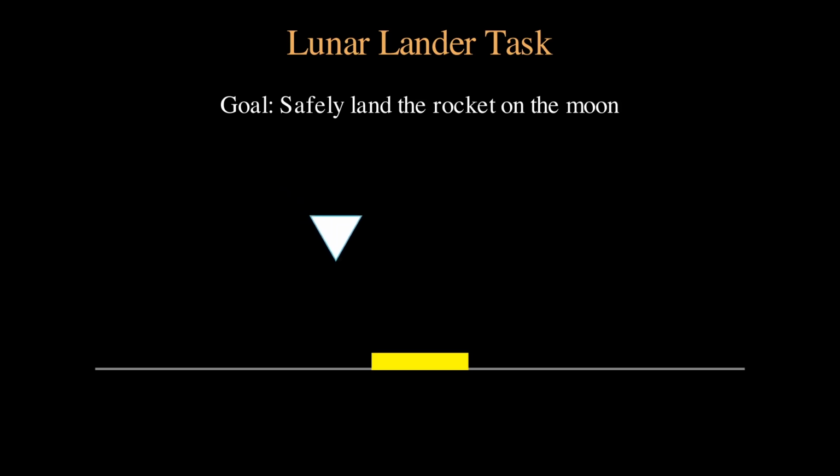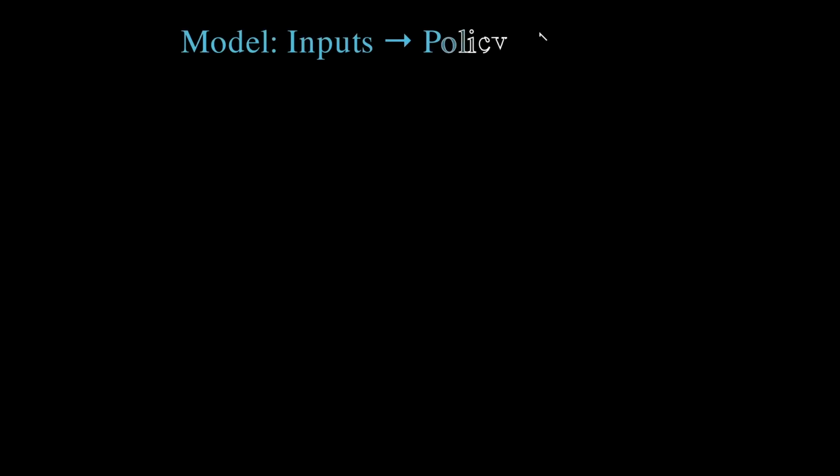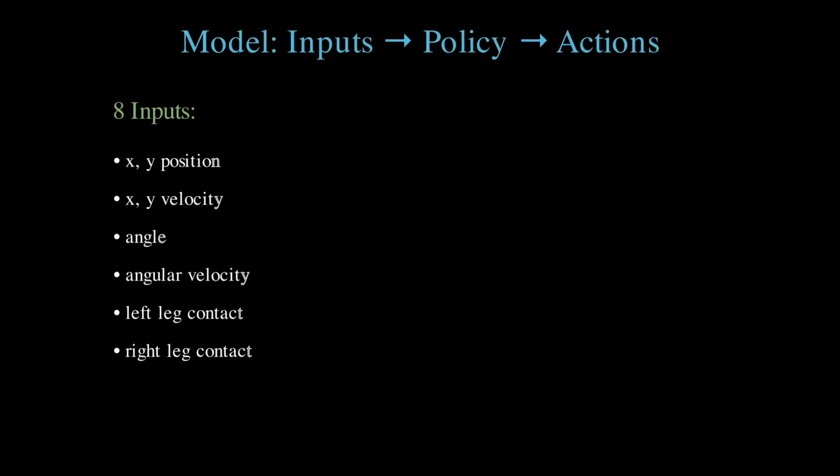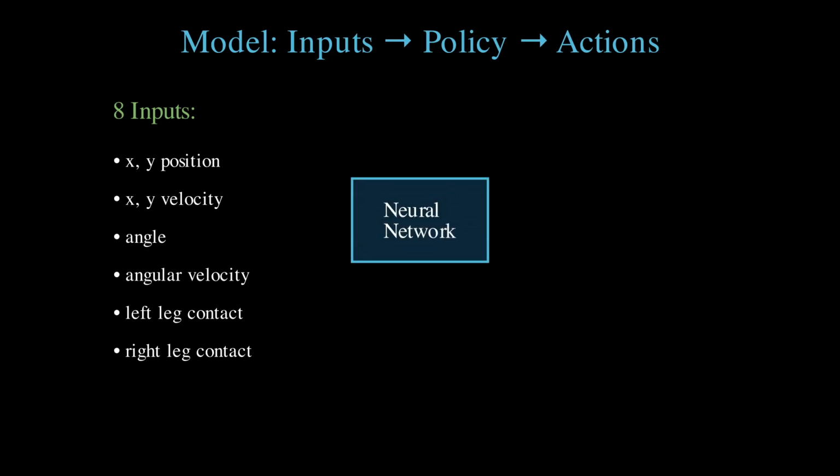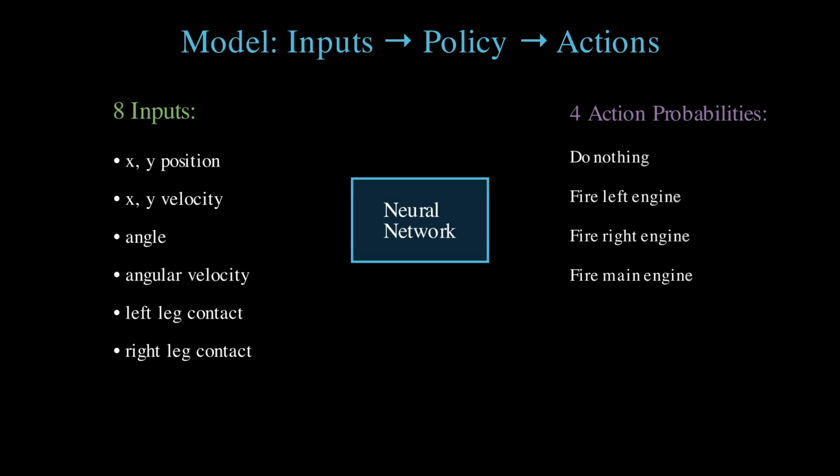In Lunar Lander, the goal is for the AI to safely land a rocket on the moon. As an input, some model gets 8 pieces of information related to velocity, position, angle, and the leg contact status. Then the model, at a given state, will output one of 4 actions: do nothing, fire the left engine, fire the right engine, fire the main engine.